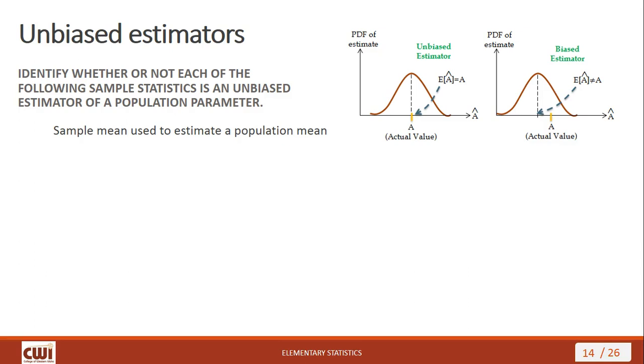Is it an unbiased estimator? The answer is yes. Sample means are unbiased estimators. They target well the population parameter of the population mean.